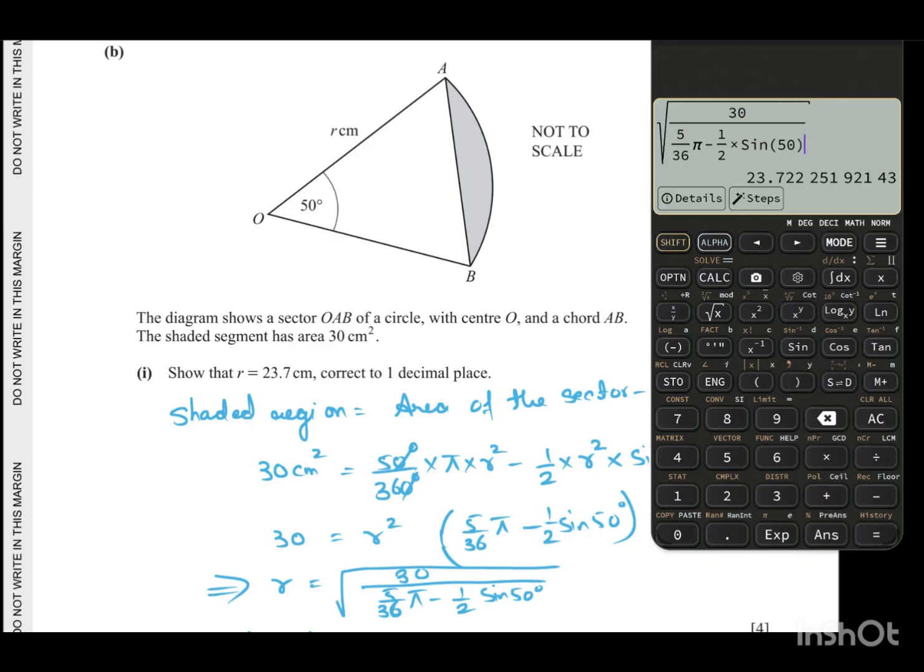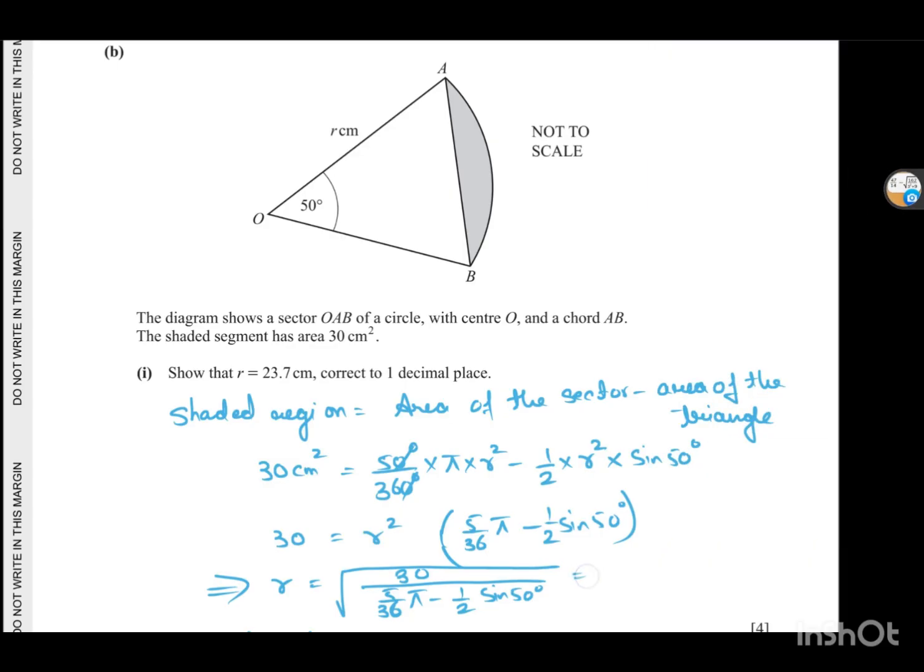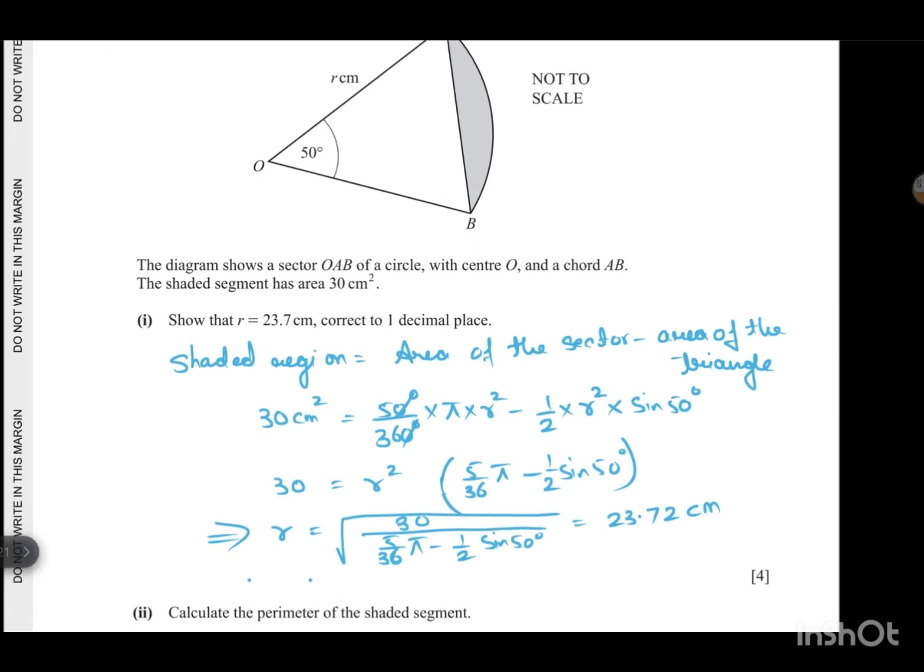We get 23.722. So this is the answer, 23.72 centimeters. This is the value of R. If I round it, you will get 23.7 centimeters to one decimal place. So question number 1 is done.